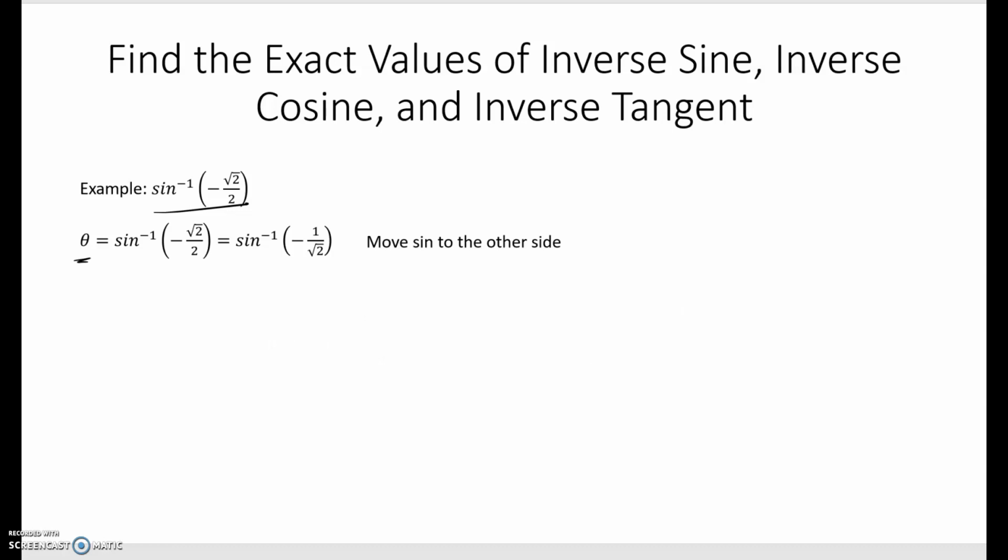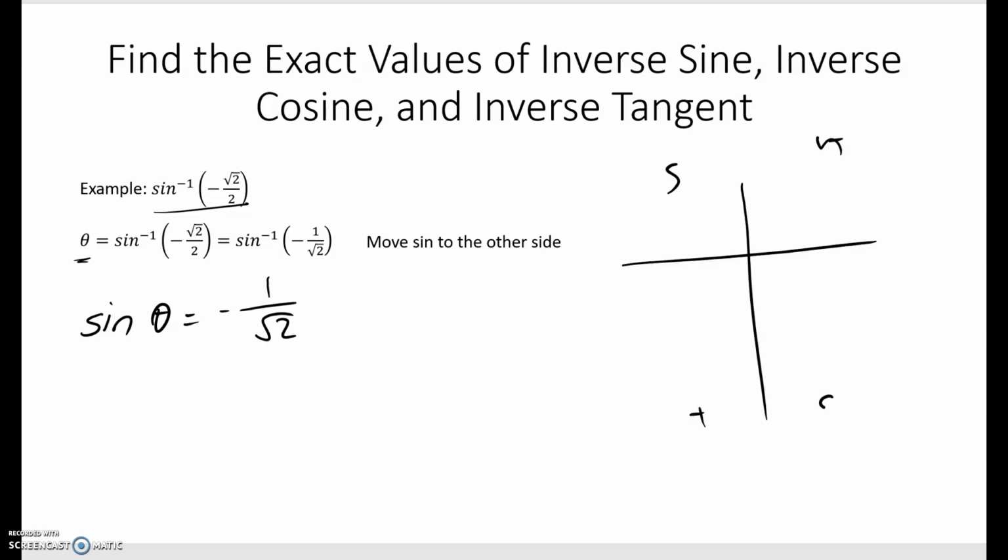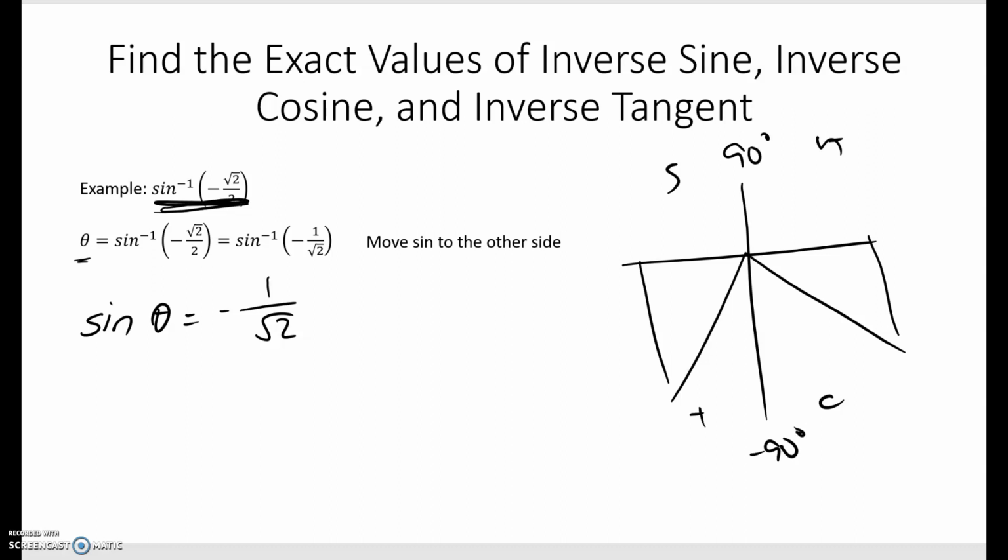Alright, we'll go through it again. So we've got, move sine over. Sine of theta is equal to negative 1 over the square root of 2. Number one, sine is negative. So all students take calculus. It's either here or here. Since we are talking about the inverse, and inverse goes between 90 and negative 90, so either quadrant 1 or quadrant 4, I've got to take this triangle and get rid of the other one.